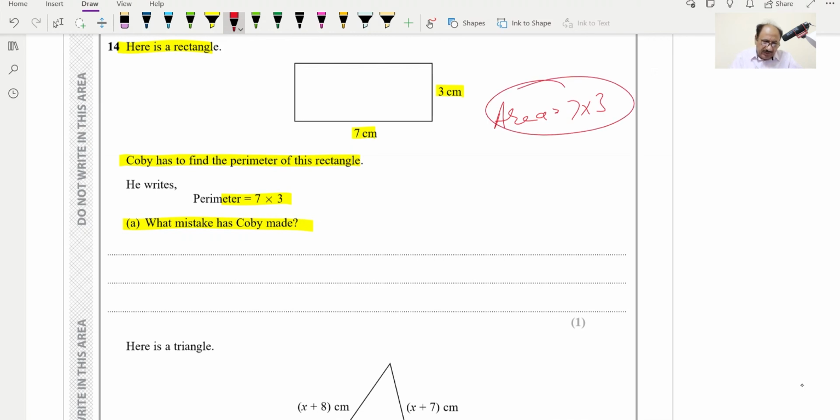So we will write: area is 7 times 3 and not the perimeter.